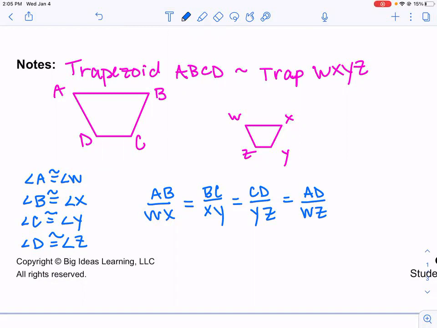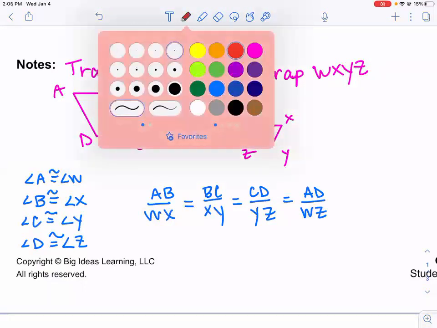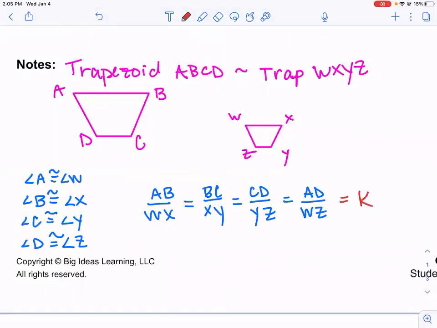Now, these ratios, they're all going to equal each other. And we're going to call it K. This is our scale factor.